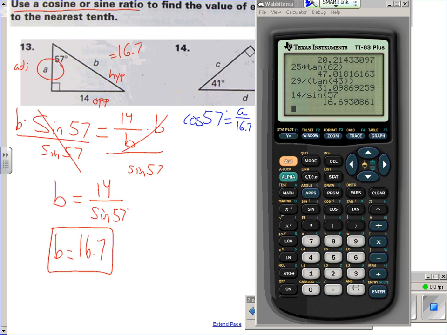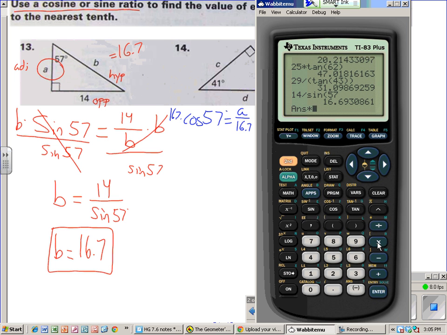So to solve for A, multiply both sides by 16.7. On my calculator, I've already got that 16.7 not rounded, so my calculator is going to give me a better answer. So I'm just going to hit the multiplication button. It's going to take that last answer, multiply by cosine of 57, hit enter.